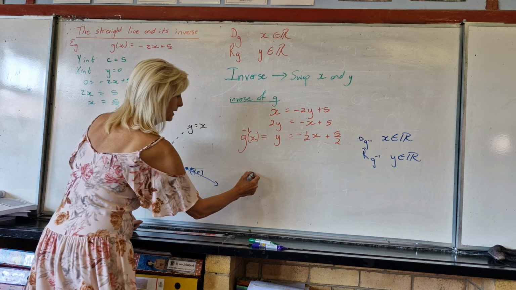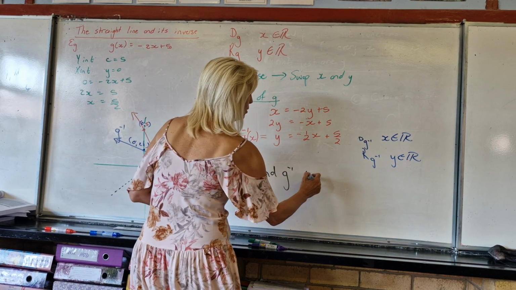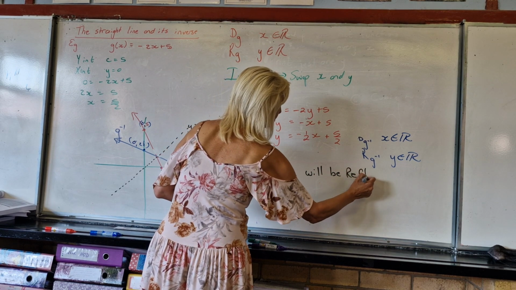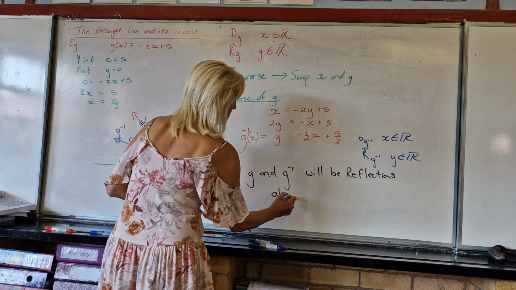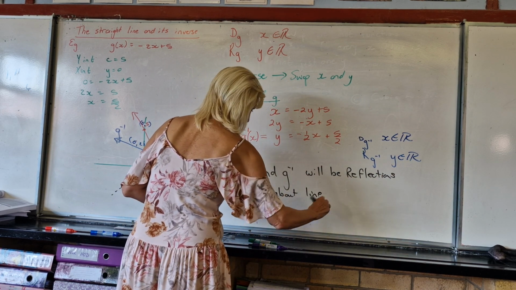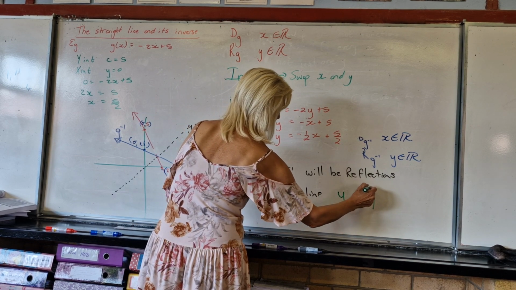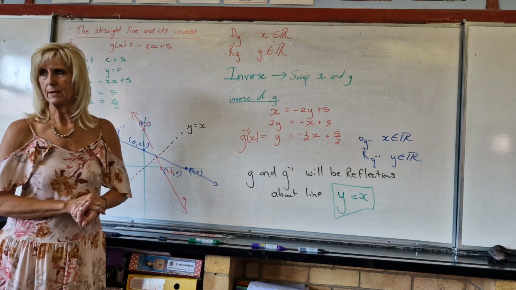So g and its inverse will be reflections about the line. Which line? And this will always be the case.